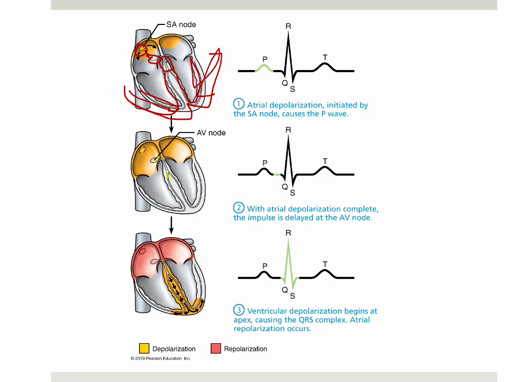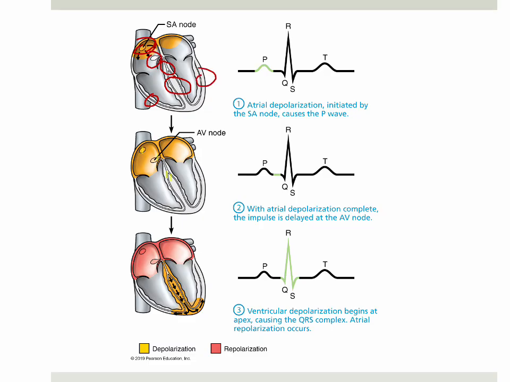The bundle of His and the branches are going to be in the septum, the AV node by the interatrial septum, and the SA node is going to be close to the superior vena cava. Okay, having that said, we know again the order of events. First the SA node, then the AV node, then the bundle of His, then the branches, and finally the Purkinje fibers.